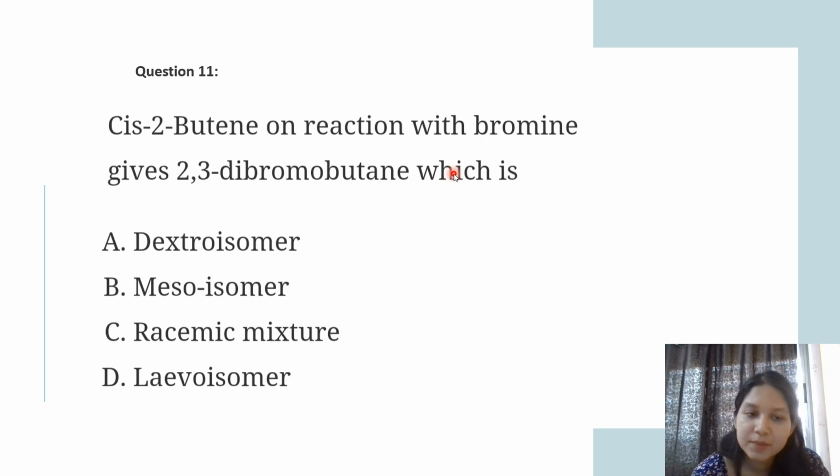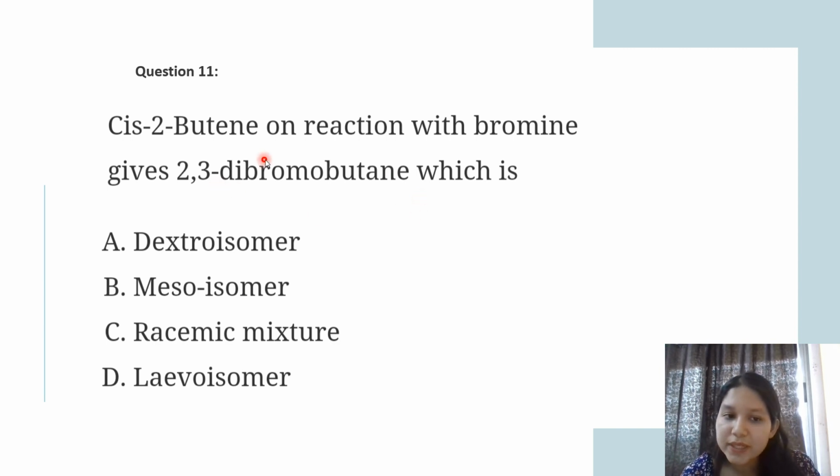Next, we have question number 11. Cis-2-butene on reaction with bromine gives 2,3-dibromobutane, which is dextroisomer, mesoisomer, racemic mixture, or levoisomer.